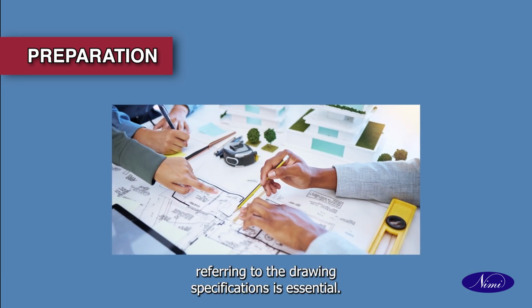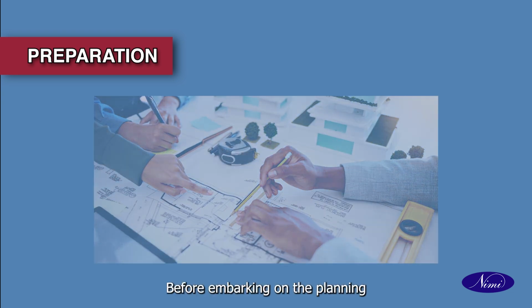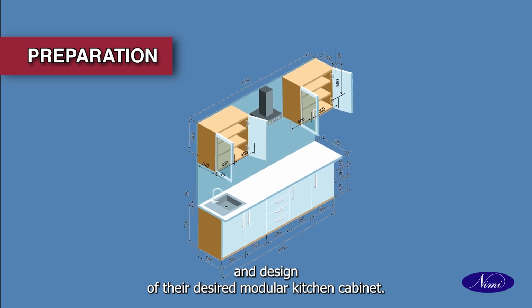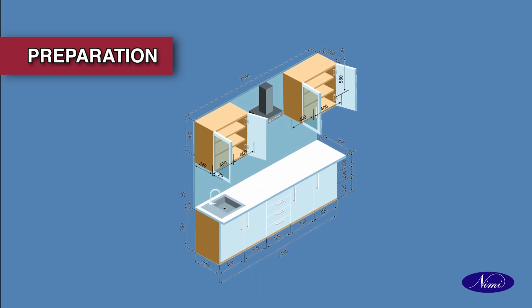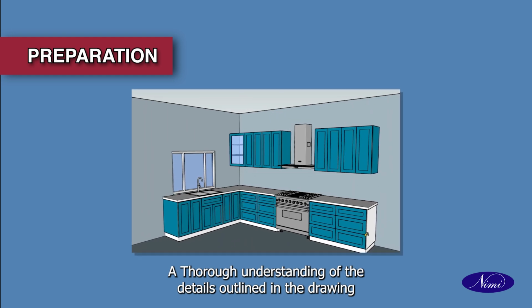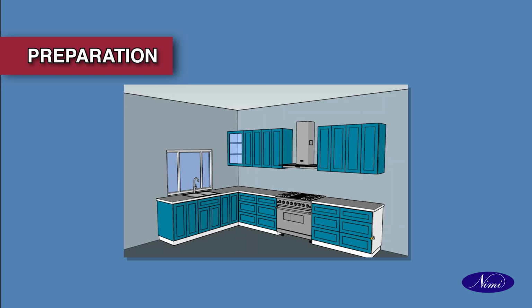Referring to the drawing specifications is essential before embarking on the planning and design of the desired modular kitchen cabinet. A thorough understanding of the details outlined in the drawing is crucial for a successful execution.